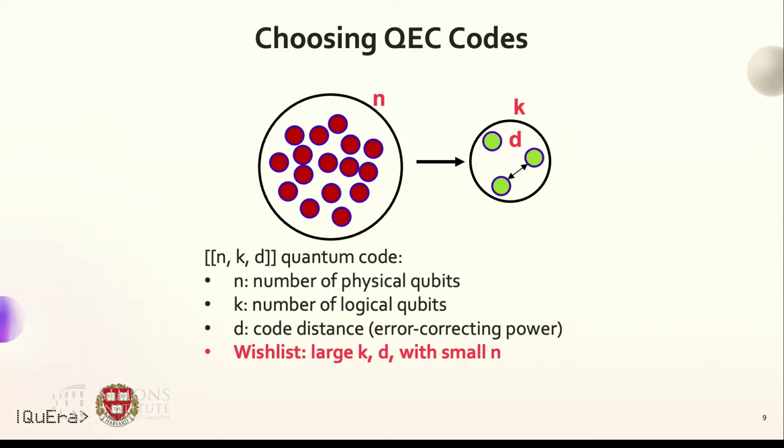And in general, the name of the game, at least in terms of the code design, is we want as large k and d as possible, so as large encoding rate and large distance up to a certain point based on how much error suppression you want, while having as small an n as possible. So you want to use as few physical qubit resources to do what you want.